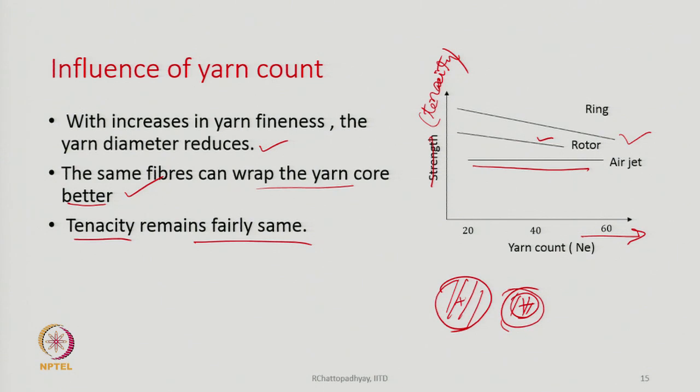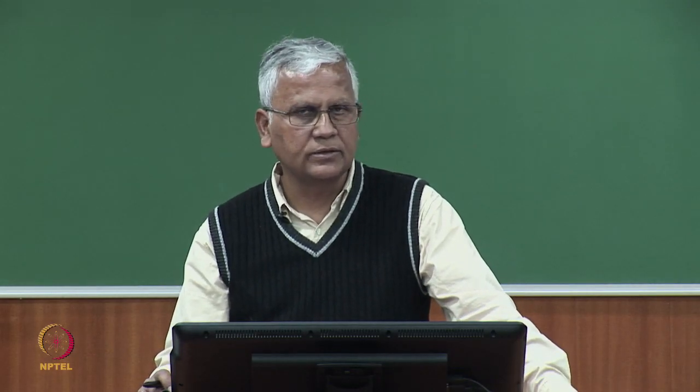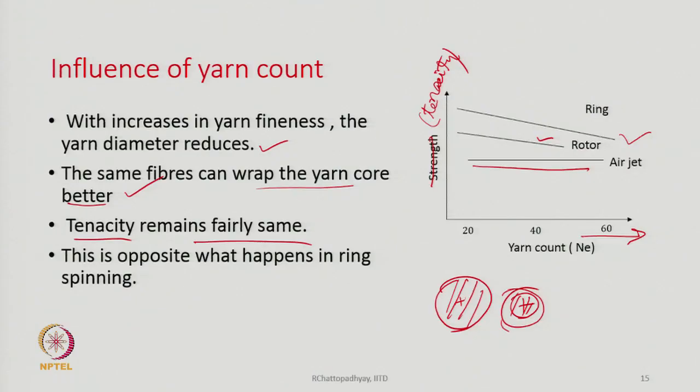The reason is that the same fiber length will be able to now wrap the yarn surface better, and overall tenacity therefore remains fairly constant as the count becomes finer if the fibers are kept same. So, this is opposite to what happens in ring spinning or rotor spinning also.